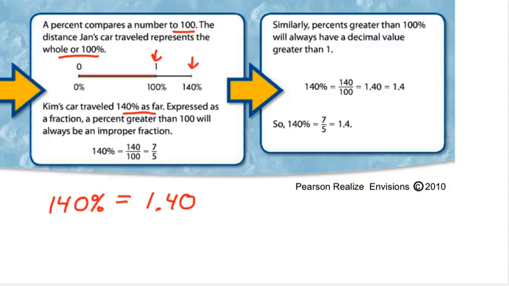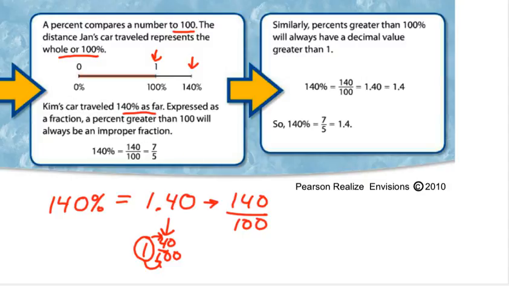If you write that as a fraction, we want an improper fraction, not a mixed number, so we take this 1, which represents 100, and add it to the 40. So we have 140 over 100. That's how we end up with an improper fraction.